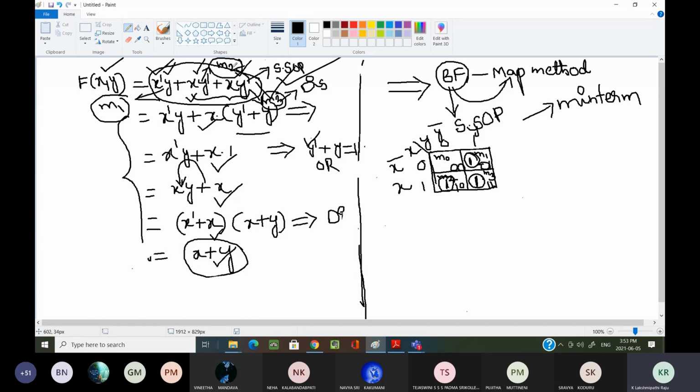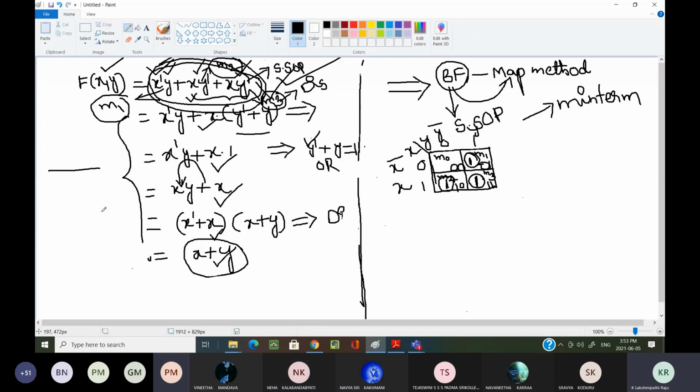By using the truth table. In the truth table, what have I considered? In the output column where I found 1, I have taken only those min terms, or not?